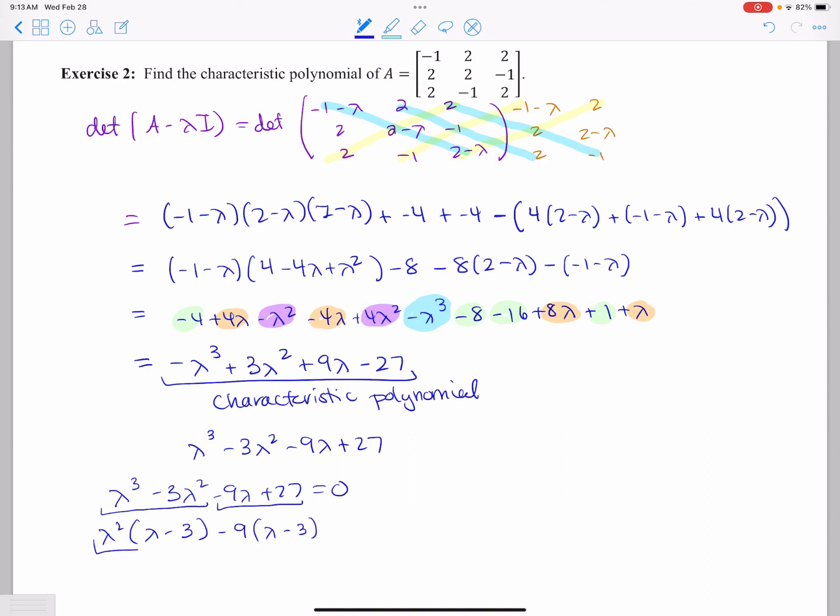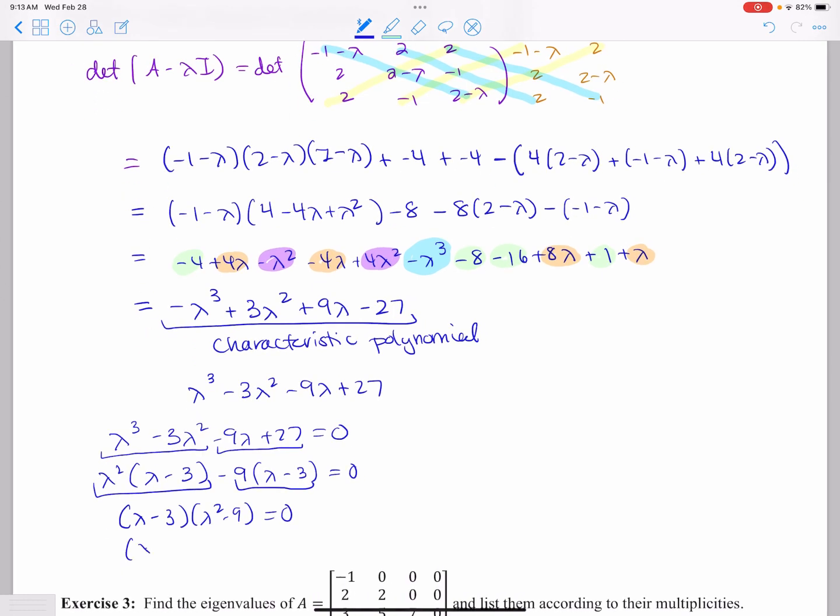And now in these two terms, there's a common lambda minus 3, and I'm left with lambda squared minus 9. And I'll have lambda minus 3 times lambda minus 3 times lambda plus 3. So my eigenvalues are 3, with a multiplicity of 2, and lambda equals negative 3.